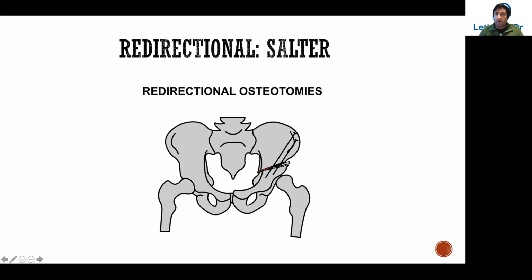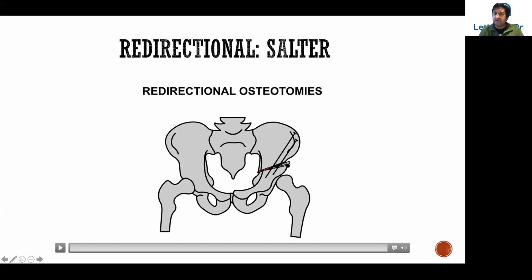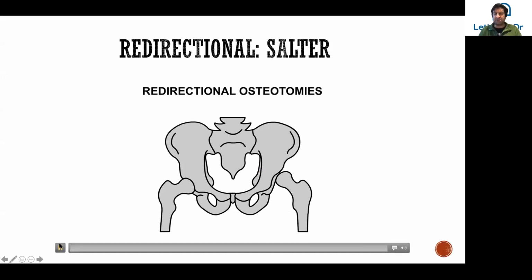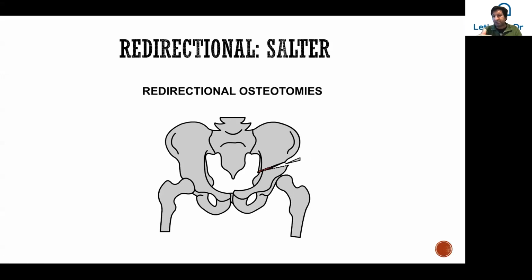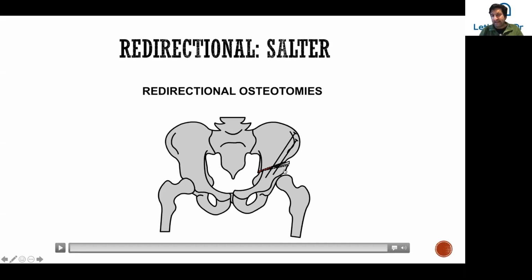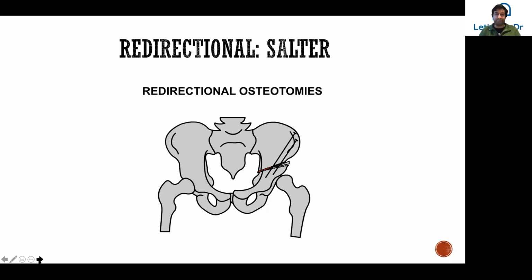Now, because you are effectively making a cut from the ilium to the sciatic notch, it's an unstable osteotomy, so it does require some kind of fixation as well. And it's basically improving the anterolateral coverage of the head. I'll just show you that one more time. So single cut, ilium to sciatic notch, put some graft in, fix it, and you're improving coverage of the anterolateral part of the head.